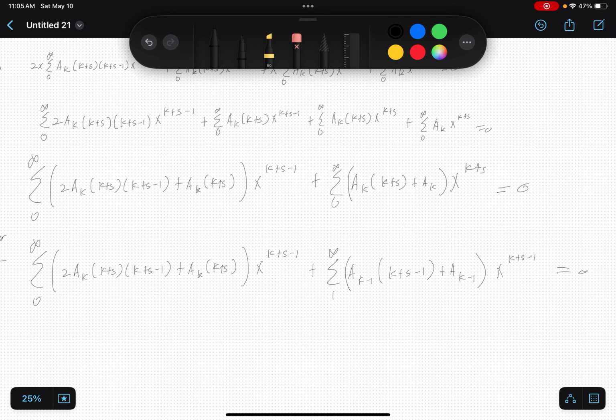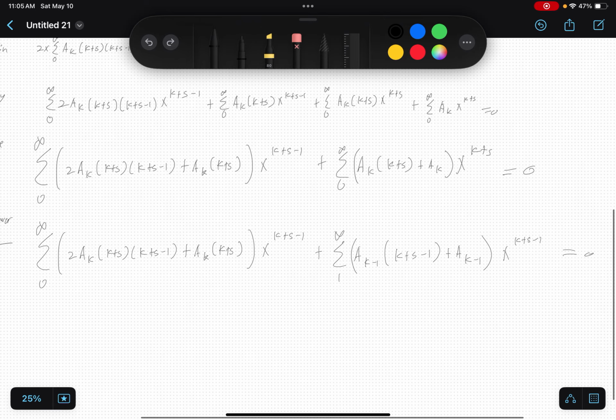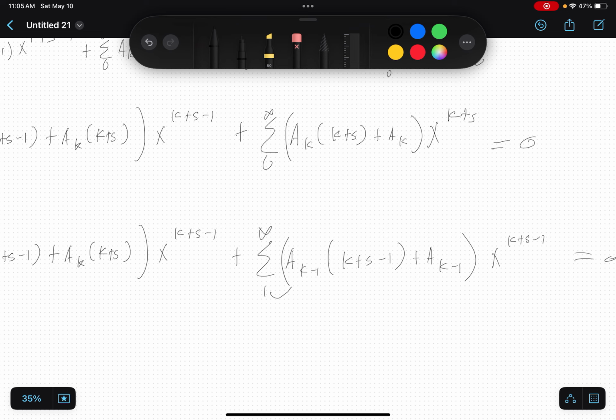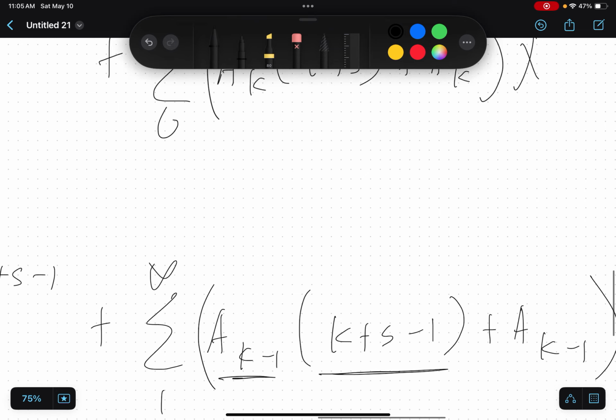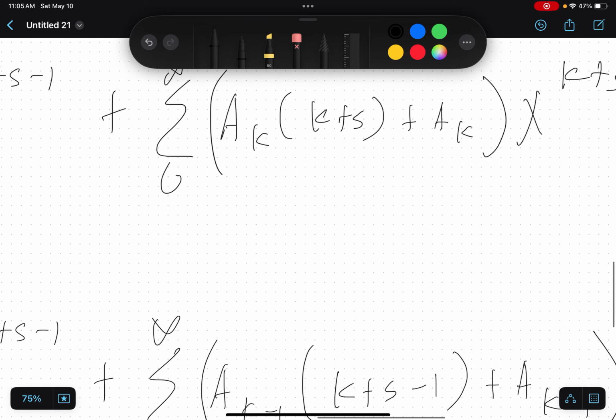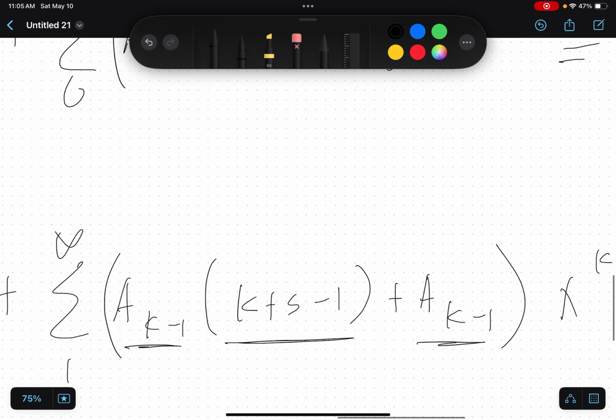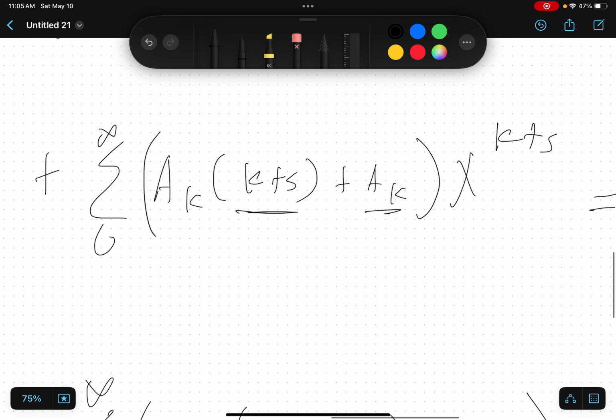Cool beans. Being able to do that is probably the hardest part of this whole problem. Well, it's one of the hardest parts. Being able to reindex the sum. But it's effectively the same thing, because if you plug in 1 into there, this becomes just k plus s, this will become a0.